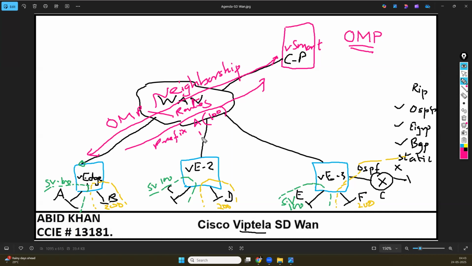And it also has to inform that it has prefix B and it is in service VPN, let's say, 200.